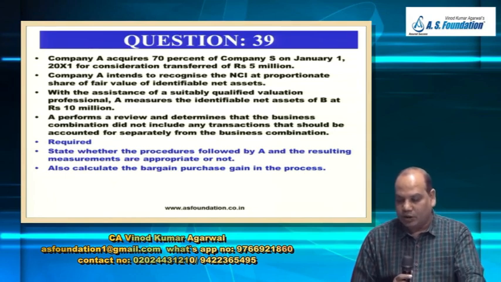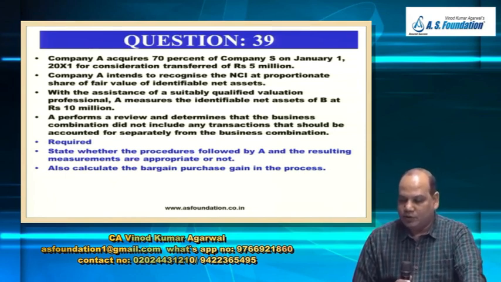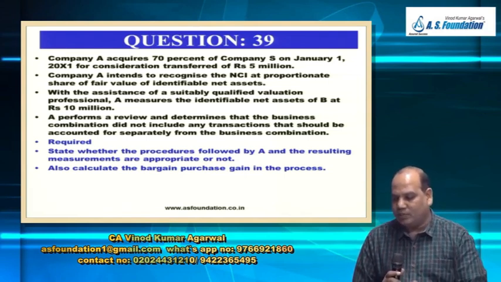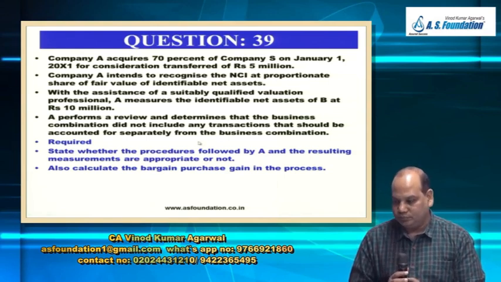A performs a review and determines that the business combination did not include any transaction that should be accounted for separately from business combination. Required: state whether the procedure followed by A and the resulting measurements are appropriate or not. And second, also calculate the bargain purchase gain.